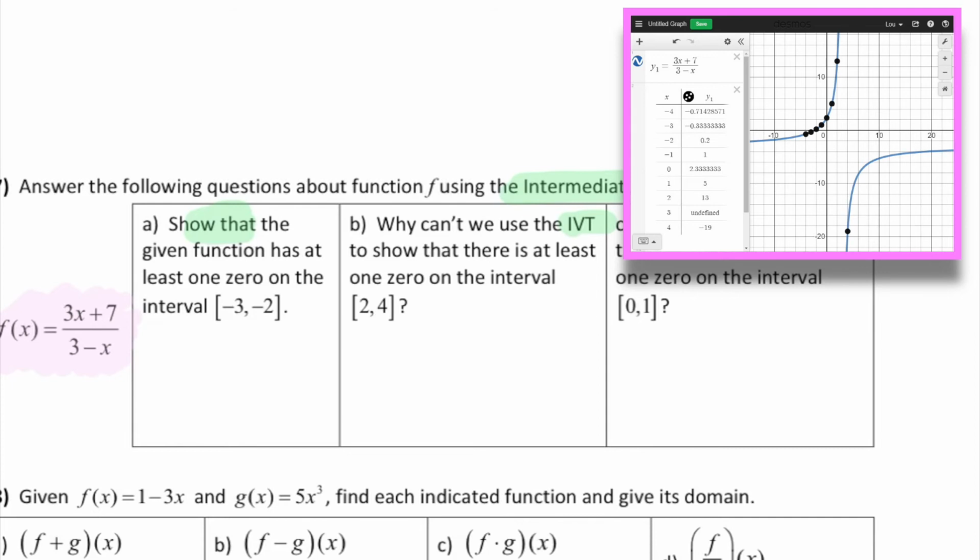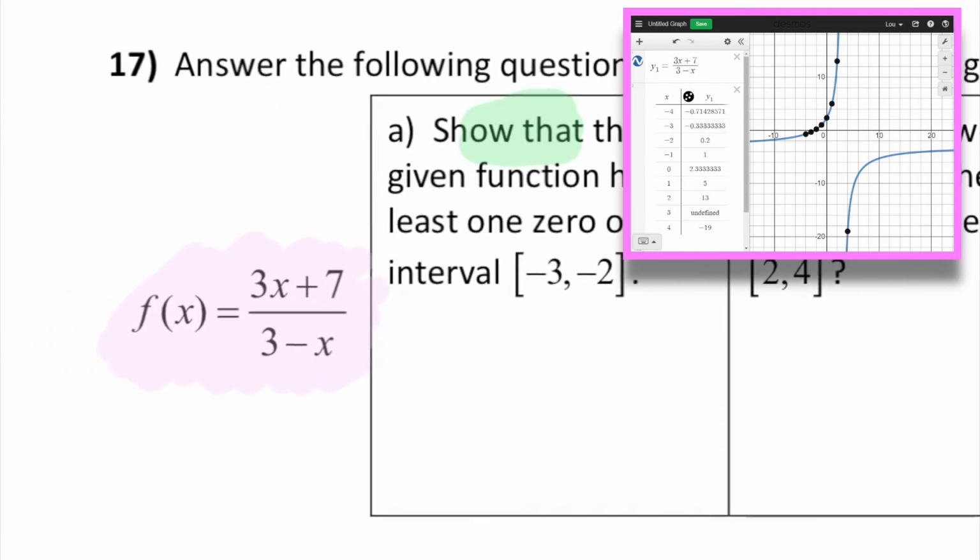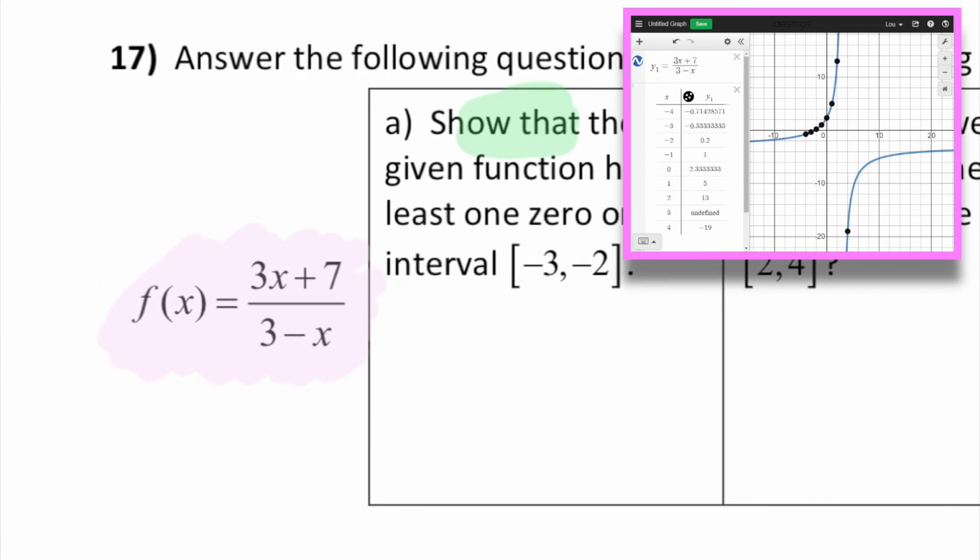Remember that you cannot use this theorem to disprove that a solution exists, or to say no solution exists because they're both positive, because you can't use it to prove against. You can only use it to prove that one is for sure there, at least one, because it could be more than one.